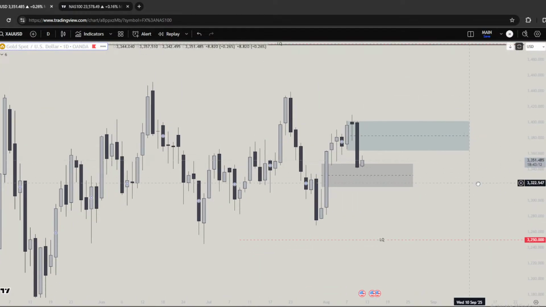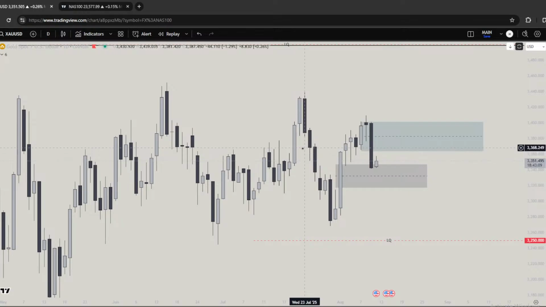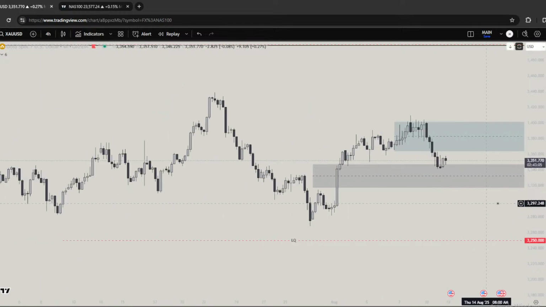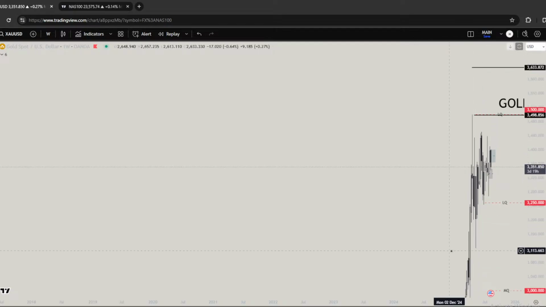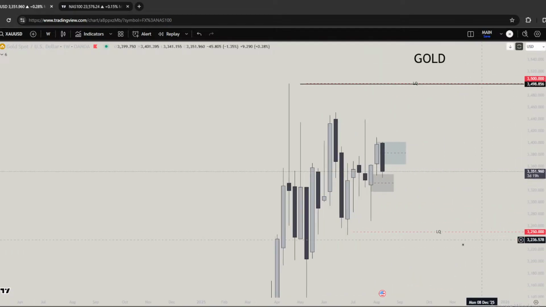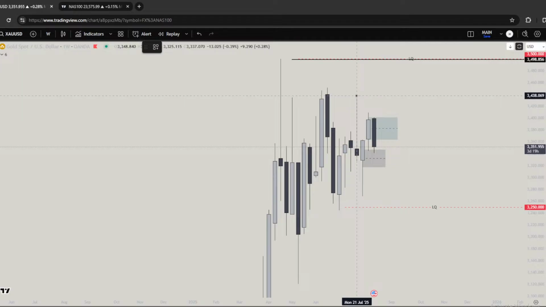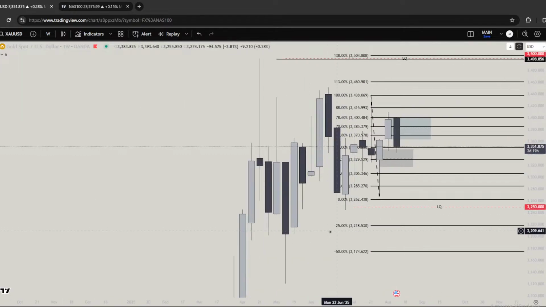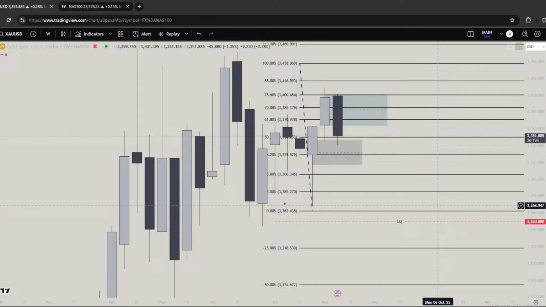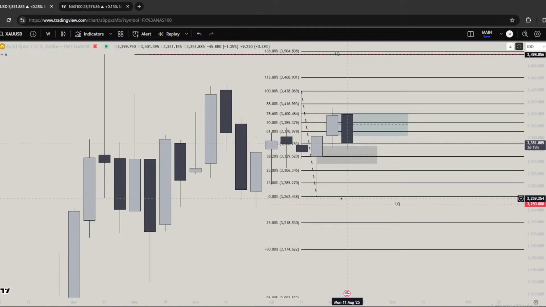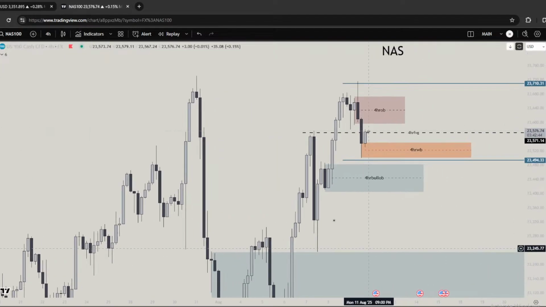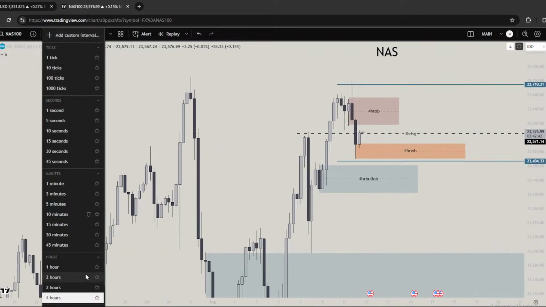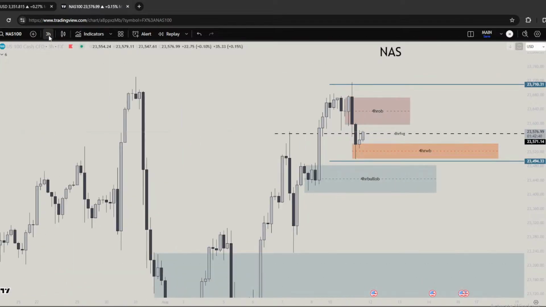Yeah, I see it pull up somewhere in this order block. I'm still going to be playing that short. So I'll be gauging that like I'm gauging Nas. If Nas is still expanding, then I'll be looking for gold to still be short.